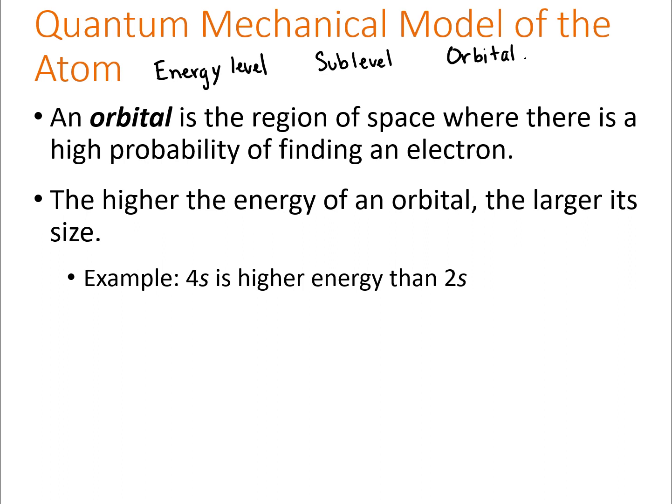It's the same with an orbital. An orbital is the region of space where there's a high probability of finding an electron. And in terms of size, it's the smallest. The higher the energy of an orbital, the larger its size.